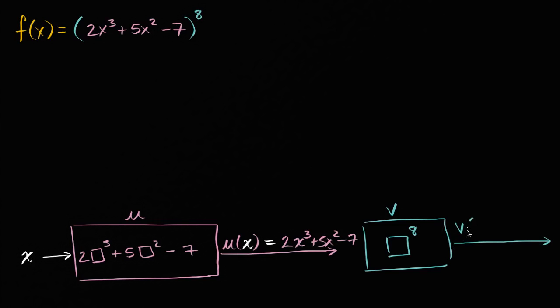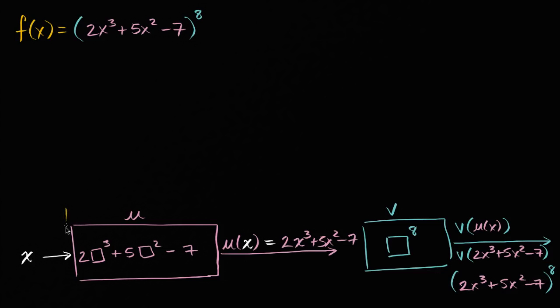Well, you end up with v of u of x, or you could view this as v of 2x to the third plus 5x squared minus 7, or you could view this as 2x to the third plus 5x squared minus 7, all of that to the 8th power. And that's what f of x is.